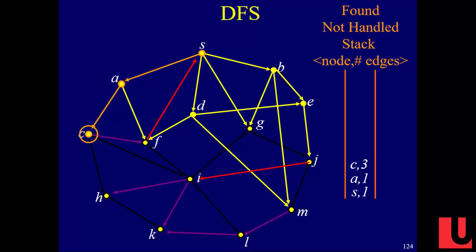It already has a black edge to it. Yeah, but are A and C already handled? A and C are on the stack, so they're partially handled. So if there was an edge up to S, then that would create a cycle.